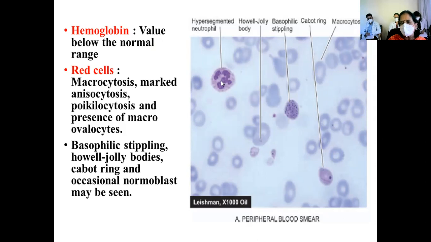And very important is the presence of these cells. The WBC, especially the neutrophil, gives us an indication. It has more lobes. Look at it, 1, 2, 3, 4, 5, 6, 7. Normally the lobes of the neutrophils are 2 to 5. So when they exceed 5, more than 6, we call them hypersegmented neutrophils.